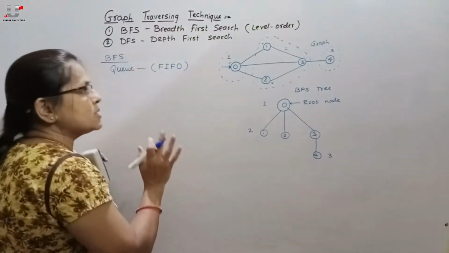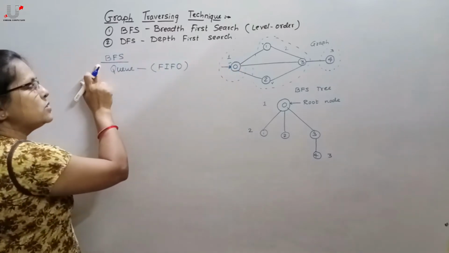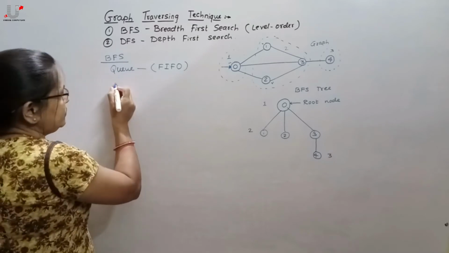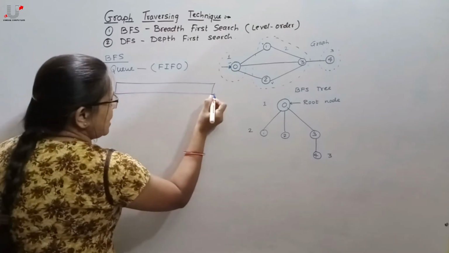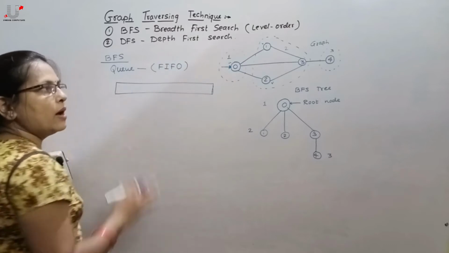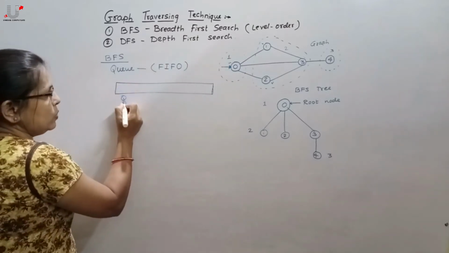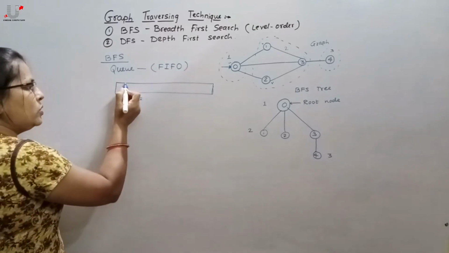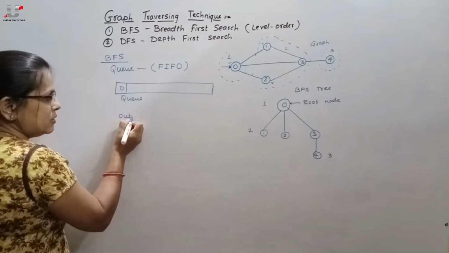Now let us solve this example using BFS and using the data structure queue. As the starting node is not given, we consider any node as a starting node. It's a queue. So add the starting node onto the queue, and there is an output list.